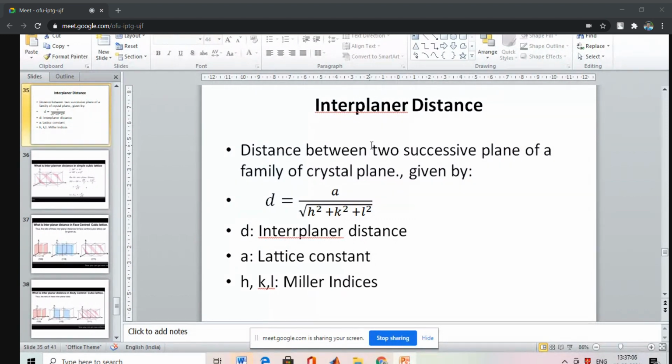The first test is based on the first 40% of the syllabus, and after completion of the next 35% there will be the second test. So the syllabus for the first class test is this one module on crystal structure, and the semiconductor physics module. This one is the second module as per the syllabus, and semiconductor is the third module. So these two modules will be in the test.